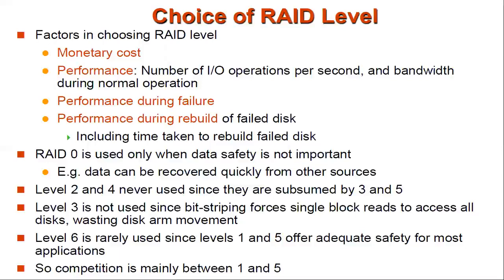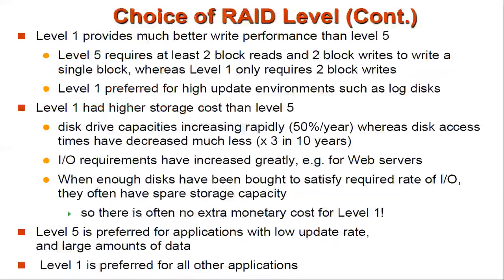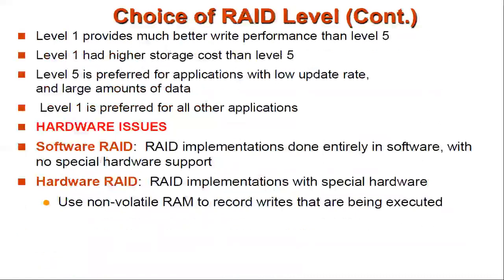So based on the different factors in choosing the RAID level, the main comparison is between RAID level 1 and RAID level 5. Here RAID level 1 provides much better performance than RAID level 5, because it is using block striping and it is very fast.